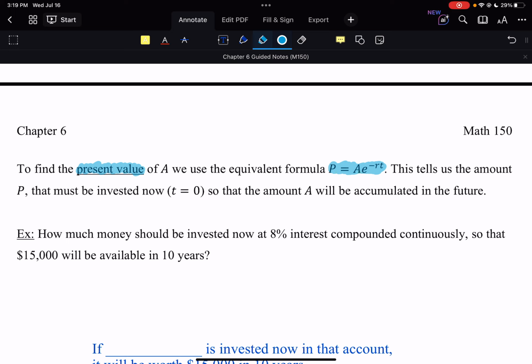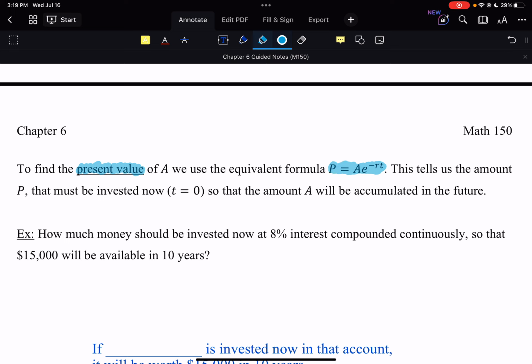In the previous cases, we knew how much went into the account initially, and we were trying to solve for the final amount. In this case, we know the final amount that we're looking for. We're trying to find how much should go in now to make that amount in the future.